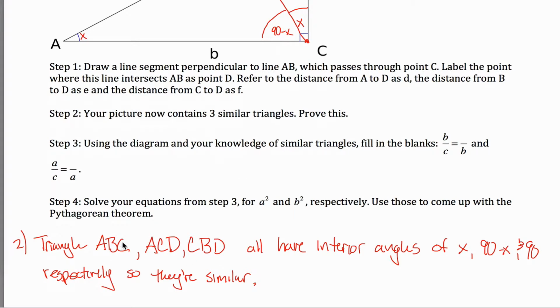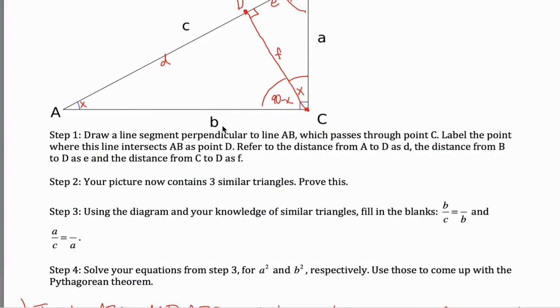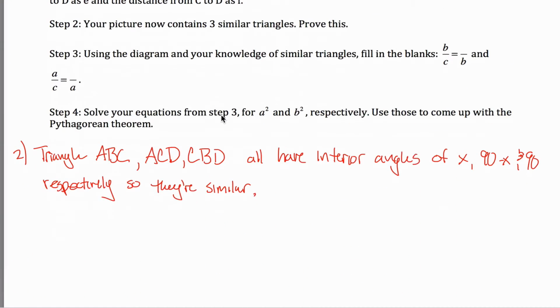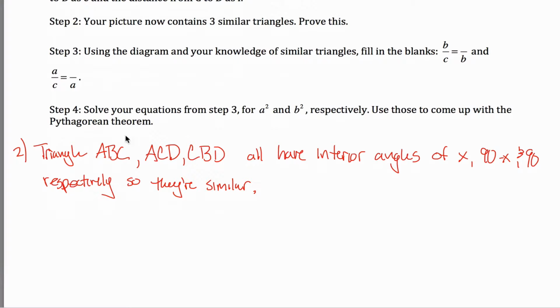Maybe it's easier to use these guys. I want to relate together B, C, and then B and something else. So B and C refer to my big triangle, ABC. And if I want to have B and something else, I must be referring to triangle ACD. So I want to take advantage of this similarity here.